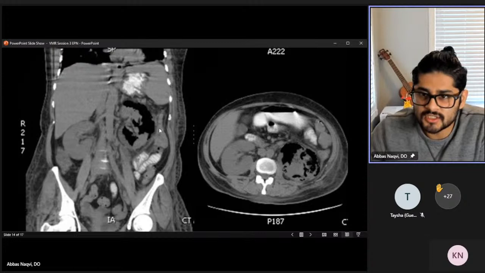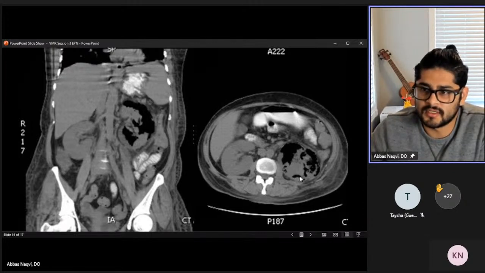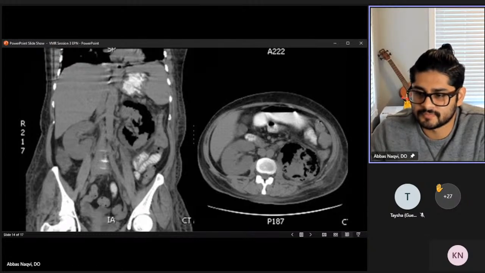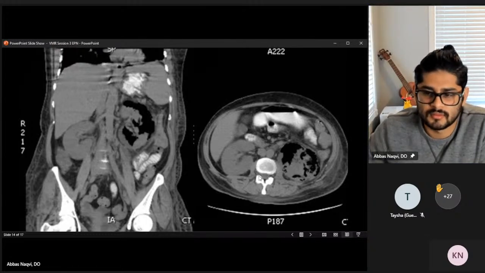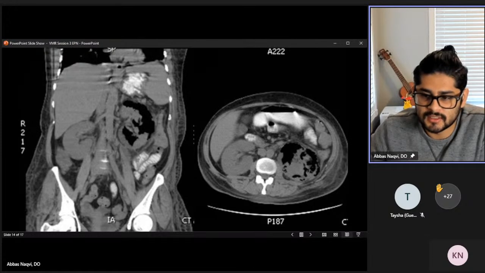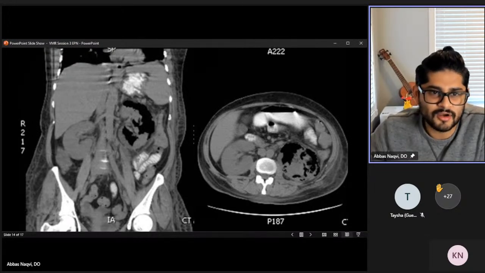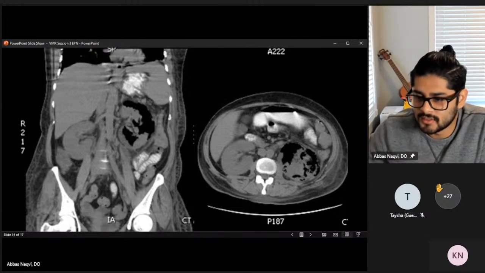But outside of the GI tract, you don't want to see that, right? So that's the kidney on the left here, and that's on the right. I think Camila is on the right track. I don't see your name here in the chat.